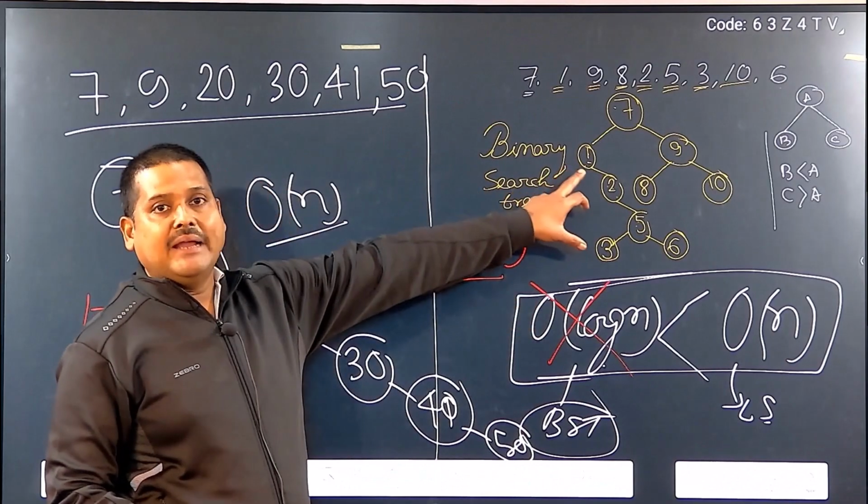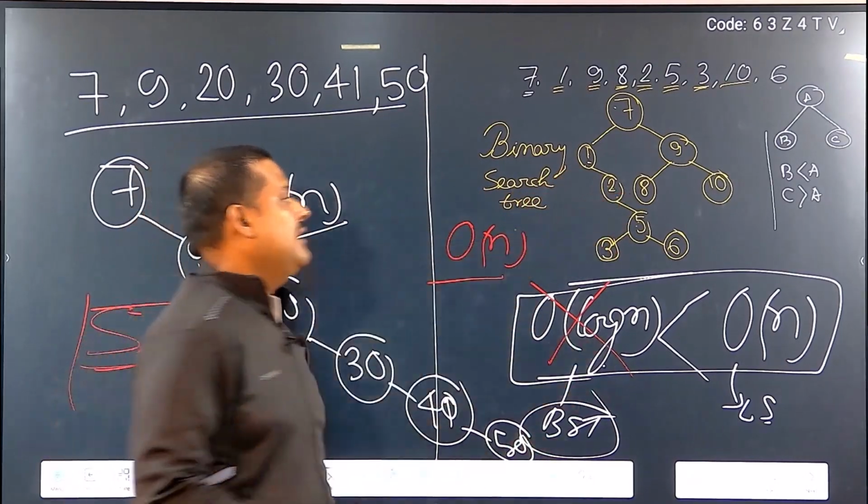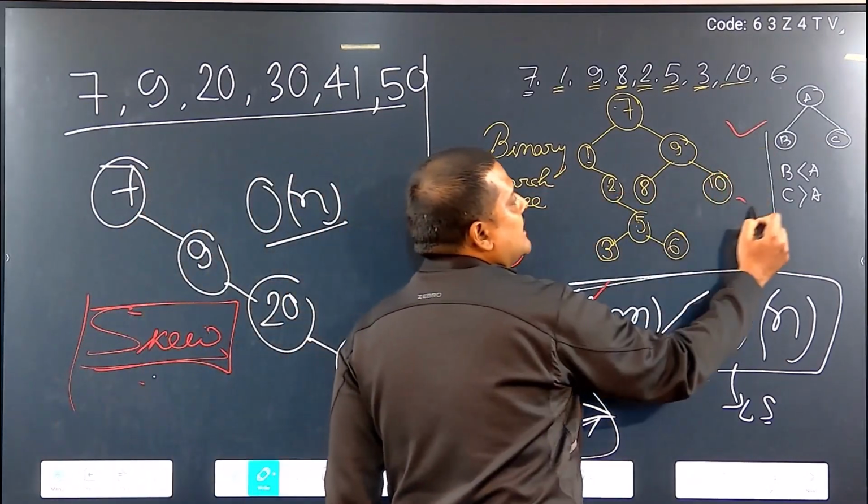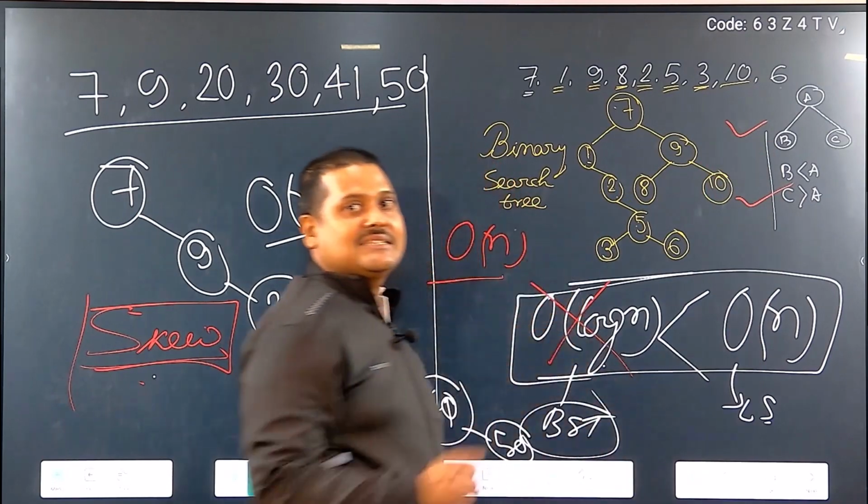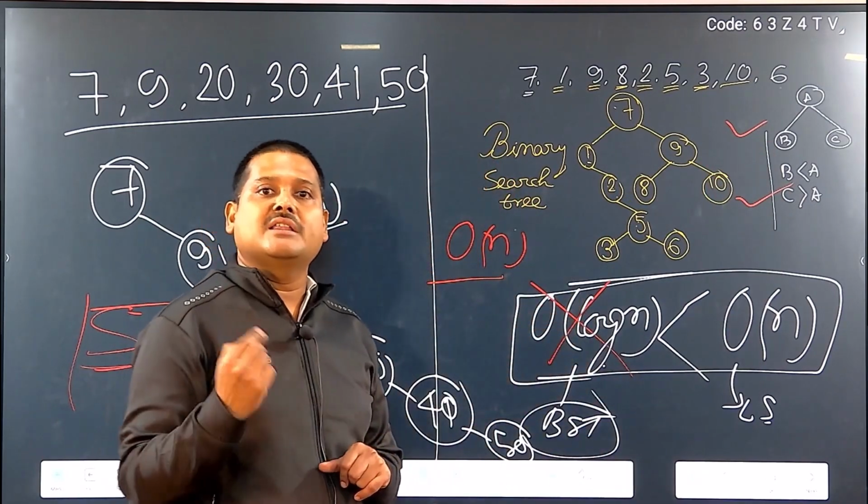It is a binary tree with this specification: the left child is lesser than the root and the right child is greater than the root.